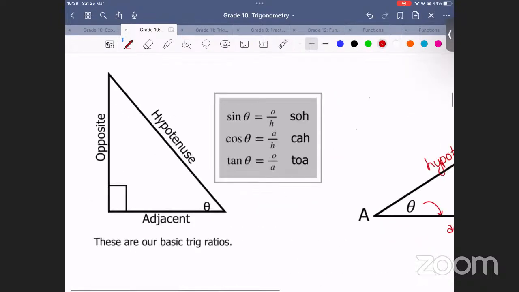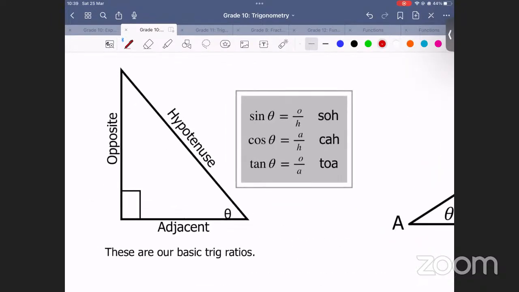There's a mnemonic, or acronym, or abbreviation, I don't know the correct term, for us to remember that sine is opposite over hypotenuse, cos is adjacent over hypotenuse, and tangent is opposite over adjacent. So it's SOH CAH TOA. It's written here.